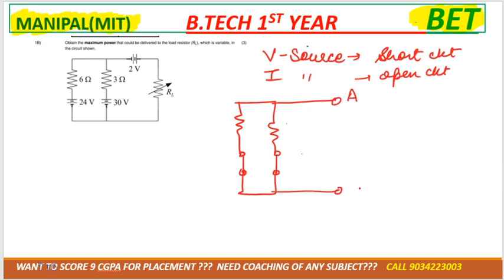So across terminal A and terminal B we need to calculate Rth. As you can see clearly, we'll have only two resistances. Just imagine you are standing at A, you need to move towards B. So 6 and 3, according to you, are they in series or in parallel?